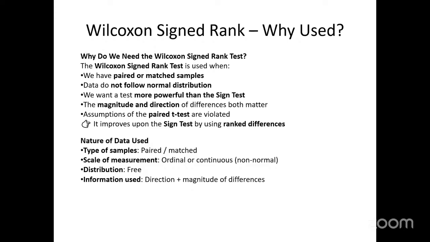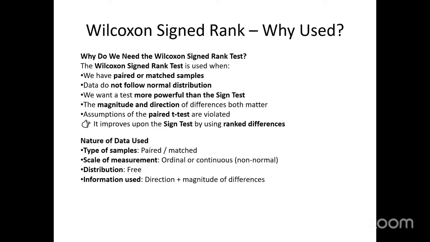Okay, so this is the Wilcoxon signed rank test. This is a sibling of the sign test, a more powerful sibling. The Wilcoxon signed rank test is a non-parametric test used to compare two related samples, matched pairs, or repeated measures on a single sample.